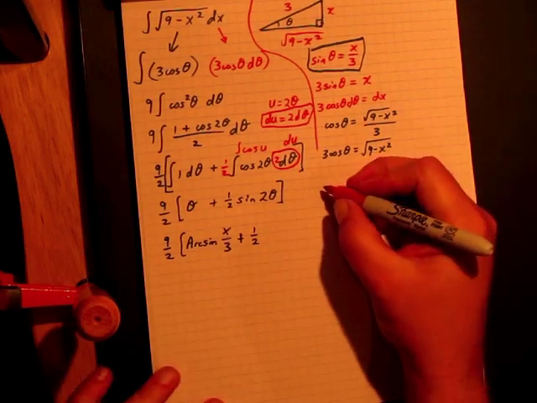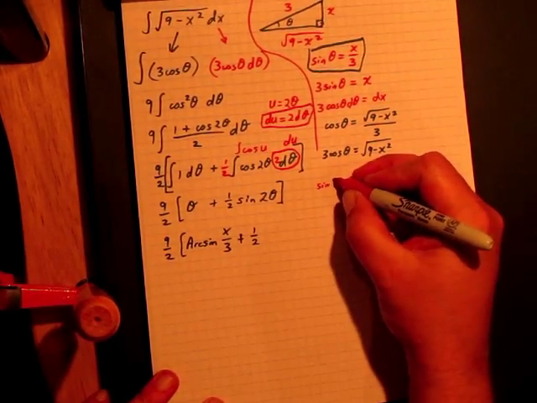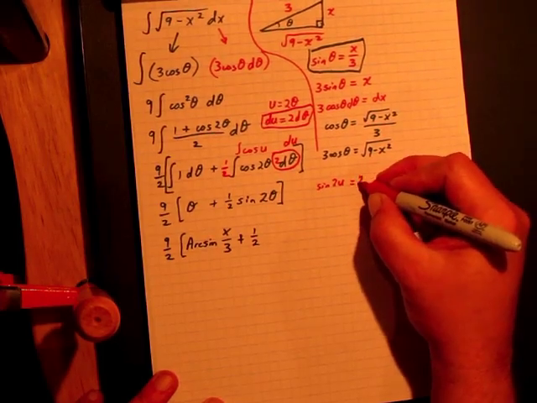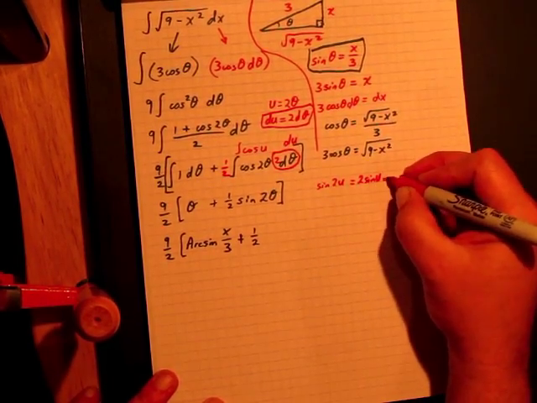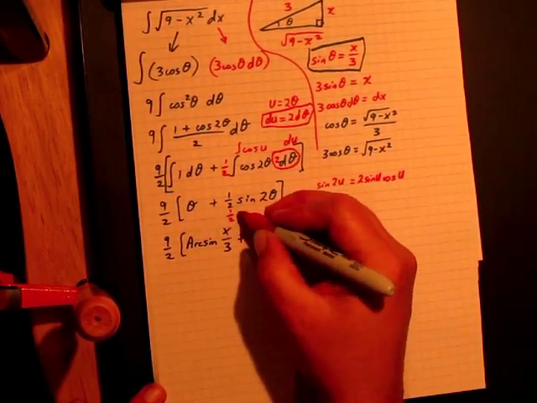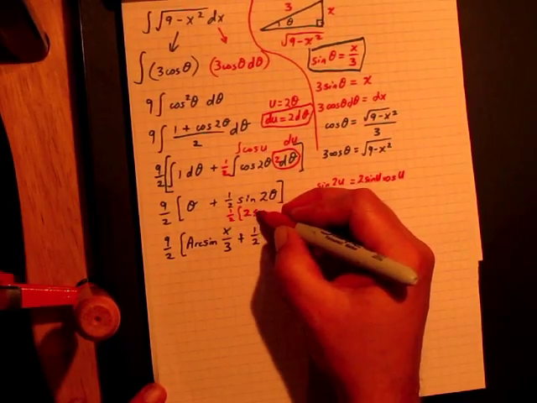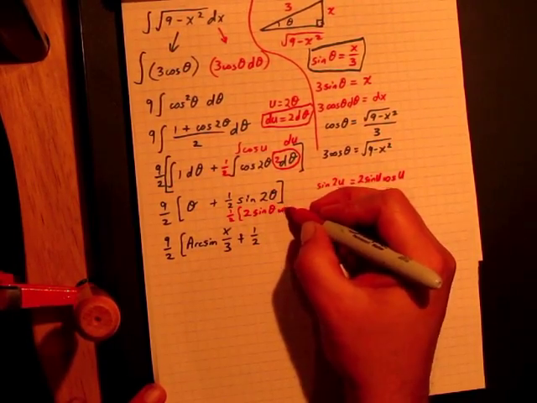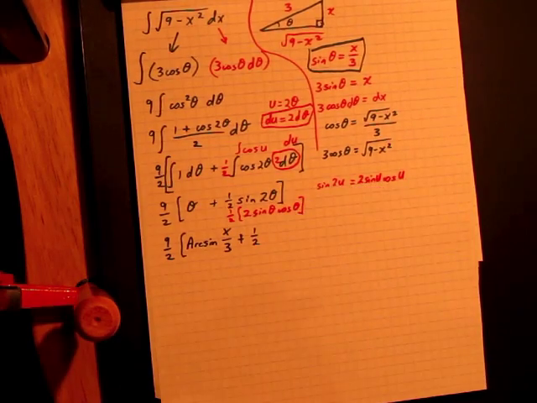There is an identity that says sine of 2u is equal to 2 sine u cosine u. So this could be 1/2 times 2 sine theta cosine theta.